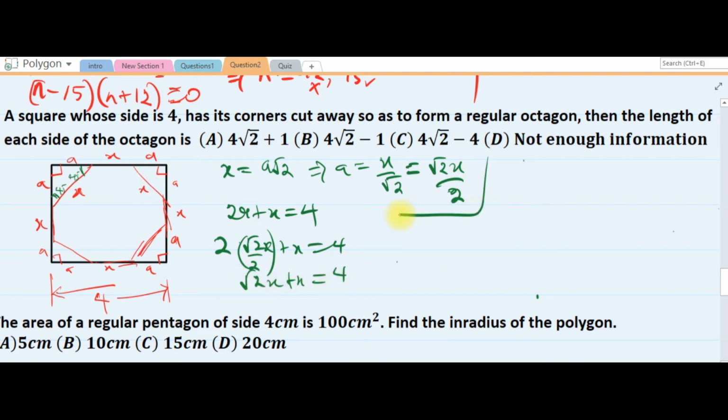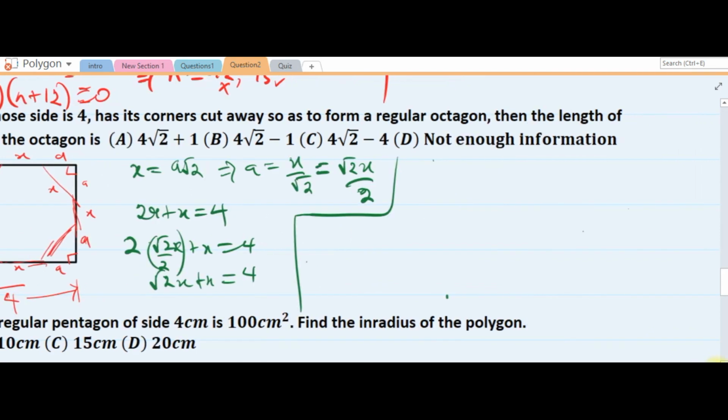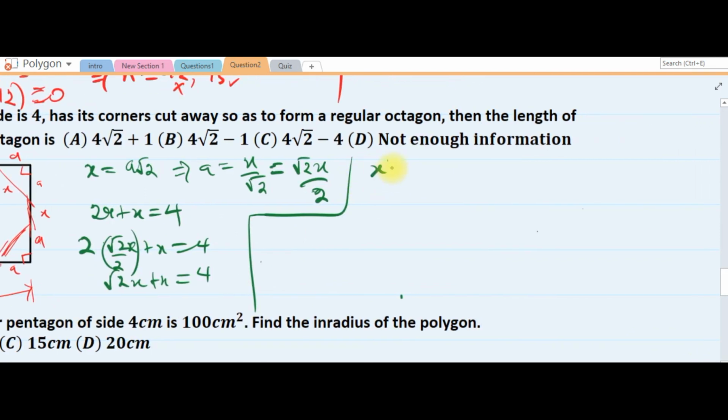So if you factorize, x is now x times root 2 plus 1 must give us 4. So x is 4 over root 2 plus 1.